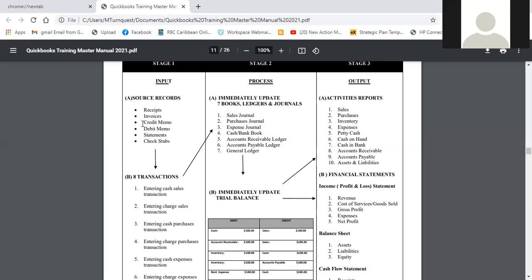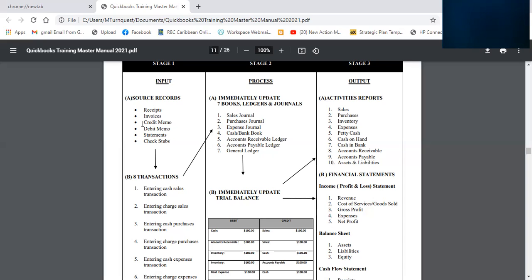Everything else, QuickBooks updates in stage 2: all the 7 books, ledgers and journals, and it updates the trial balance. And then at the end of the day, stage 3, QuickBooks deals with all the activity reports, all your sales reports.